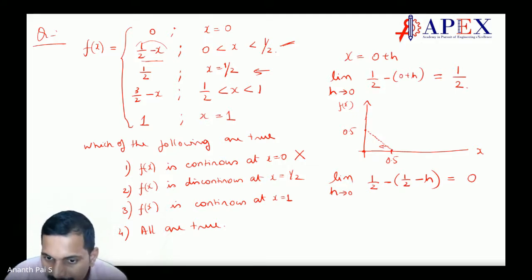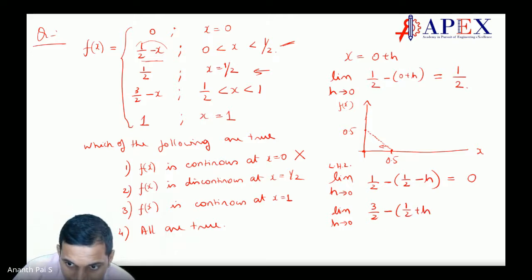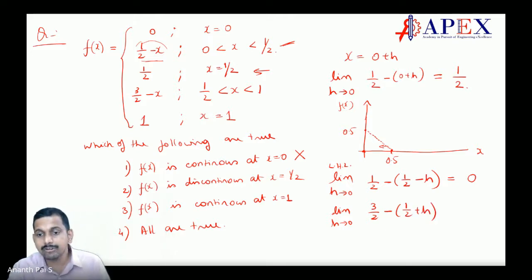Okay. Let us take the right hand limit. This is the left hand limit. What is the right hand limit? Right hand limit, h tending to 0, 3 by 2 minus half plus h, correct? Half plus h. What is the value of this? As h tends to 0, 3 by 2 minus half.